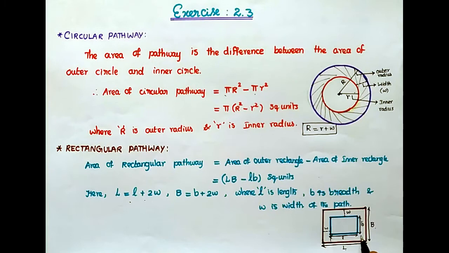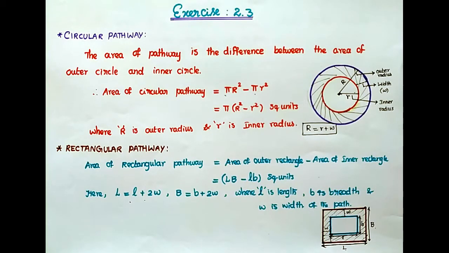So this side, 2 into width, L plus 2 into width, and capital B equals small b plus 2 into width, where L is the length, B is the breadth and W is the path. Here this is the pathway, the area of pathway, right?